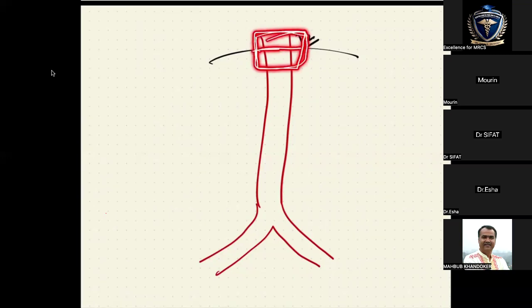Whenever it comes into the abdomen, immediately it gives a branch called the celiac trunk. There are three anterior branches from the abdominal aorta. So at the level of thoracic 12, this is the celiac trunk.